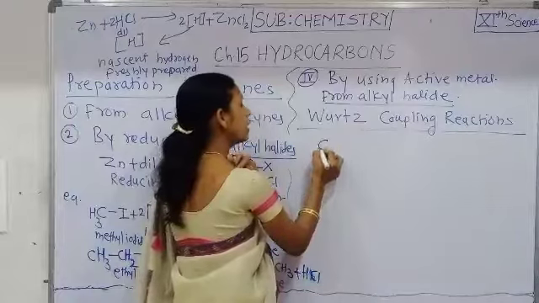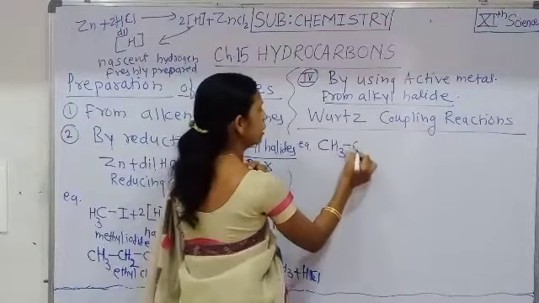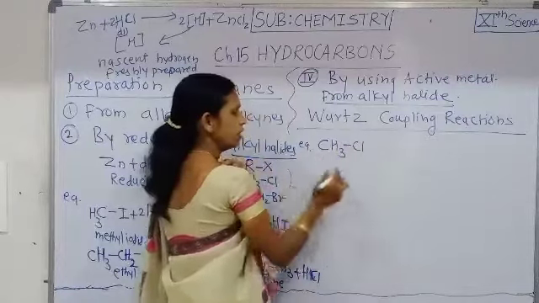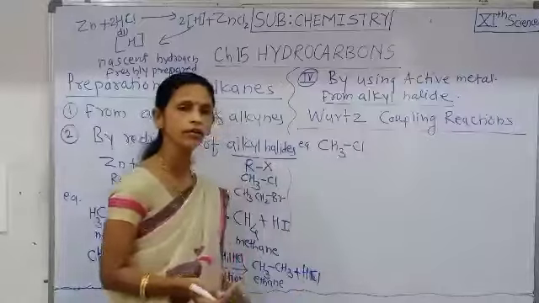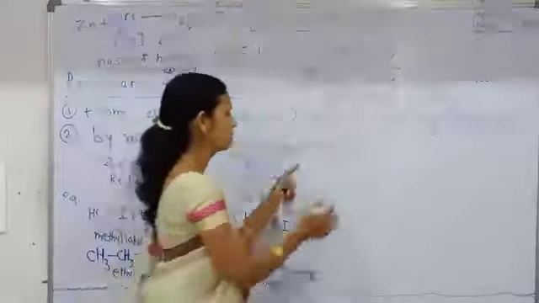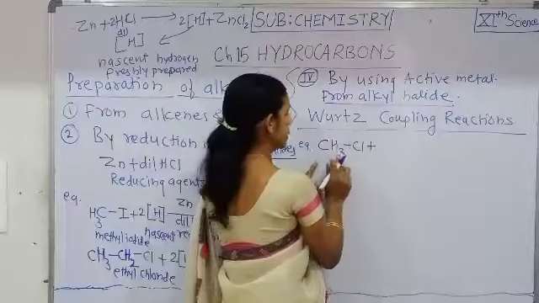In the Wurtz coupling reaction, we can take any alkyl halide, for example CH3Cl or CH3Br or ethyl bromide, for preparation of alkane by this method.